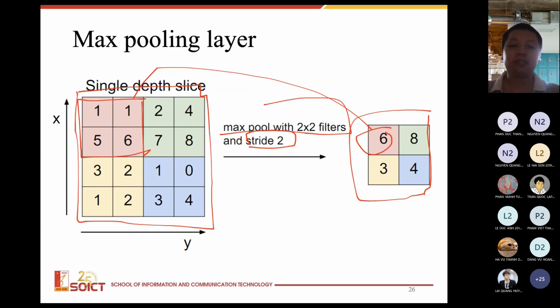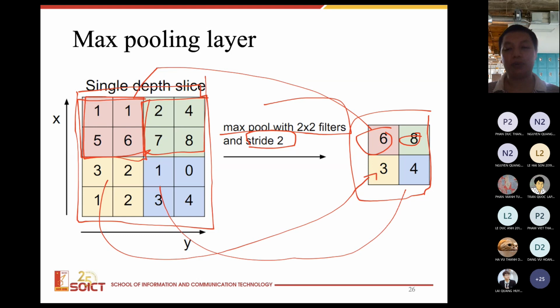For example, for this output, the input is these 4 cells, and for that output, the corresponding input is these 4 cells, and the max of them is 6 and 8, and again for this output, and again for this output. So it will reduce the size and keep the max number.